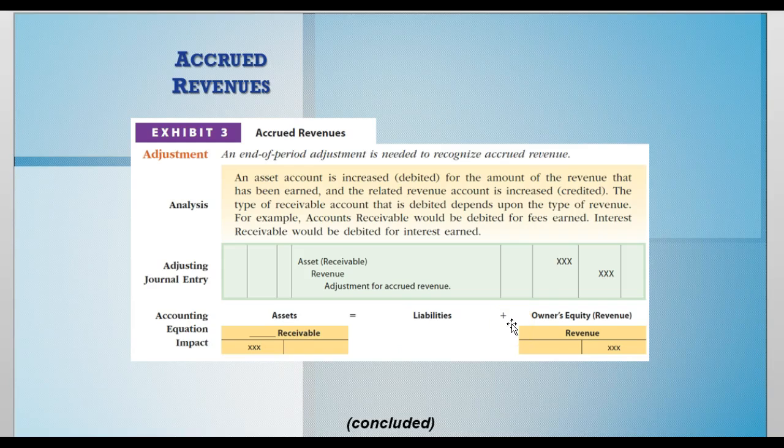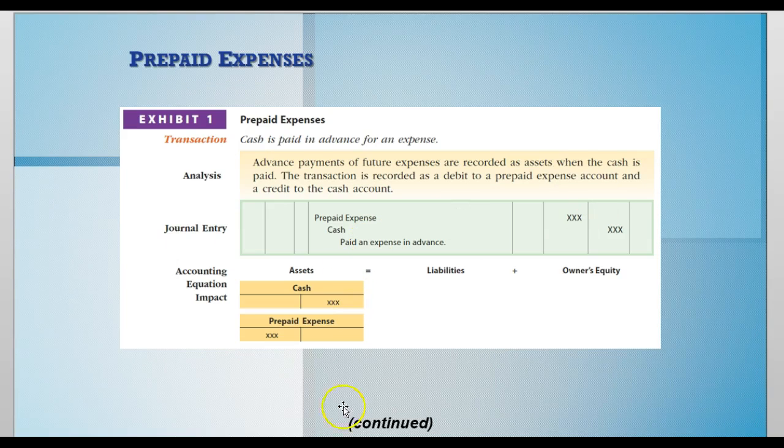So now, to recognize this, we would do an entry that actually turned this asset into an expense. So it would be a credit to prepaid expense and a debit to the actual expense you were recognizing.